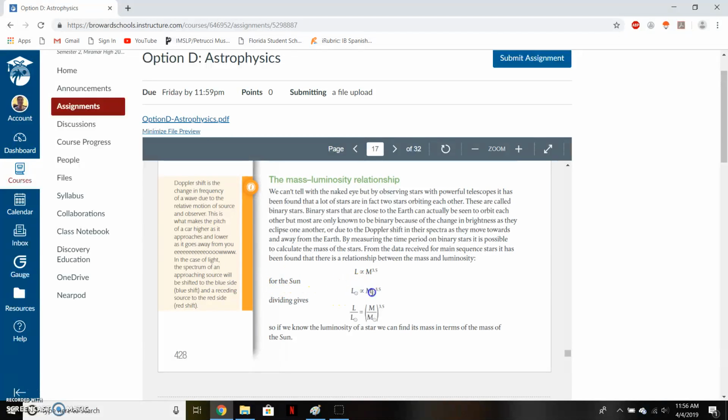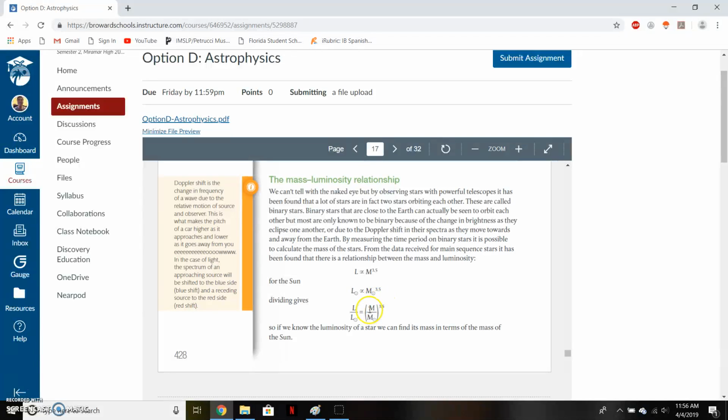So remember this circle with the dot. The subscript circle with the dot just means relative to the sun.